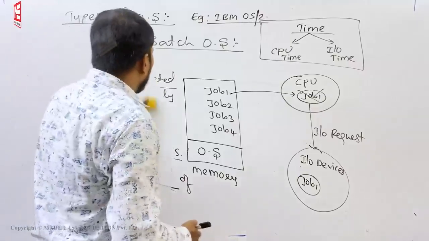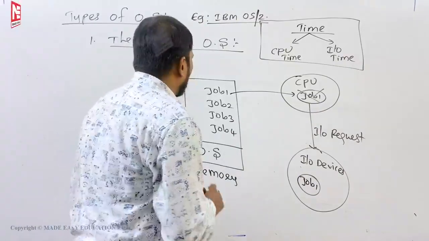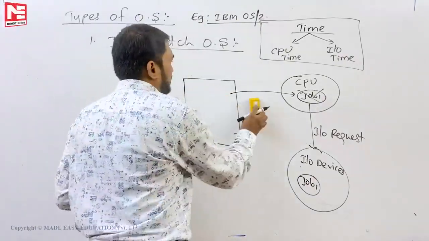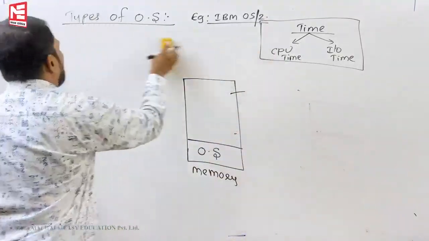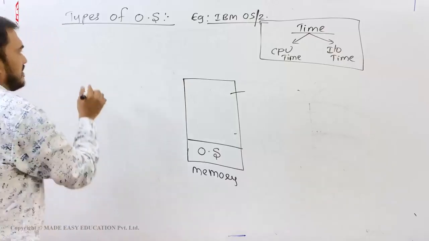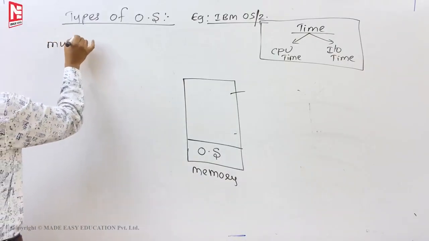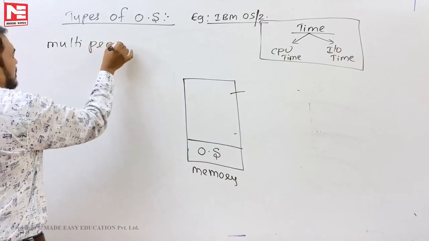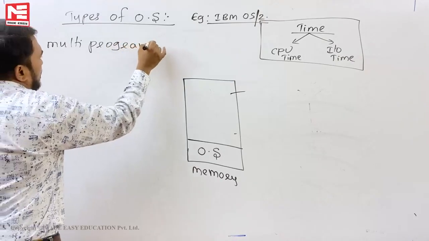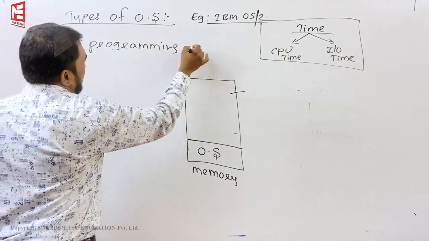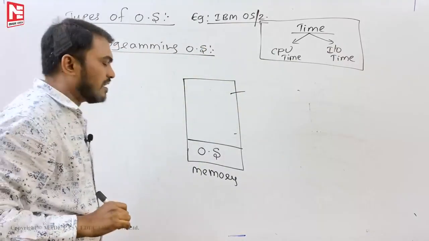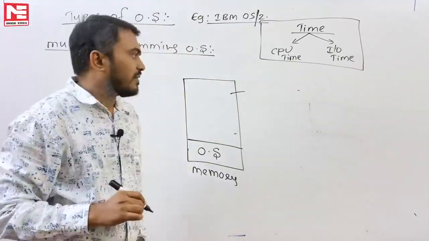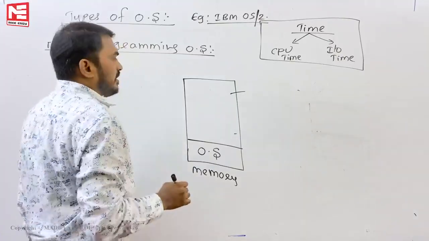Next, we'll move on to the next type of operating system, that is the multi-programming operating system. Note down. Now what is happening in the multi-programming operating system?